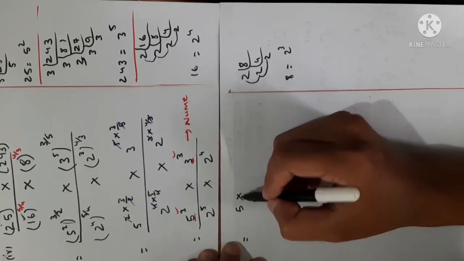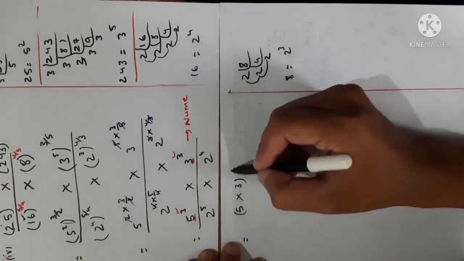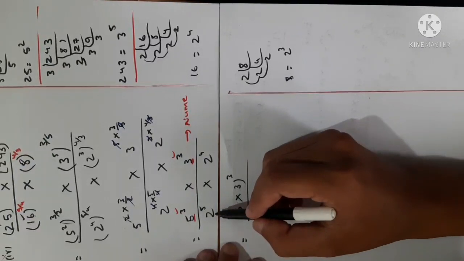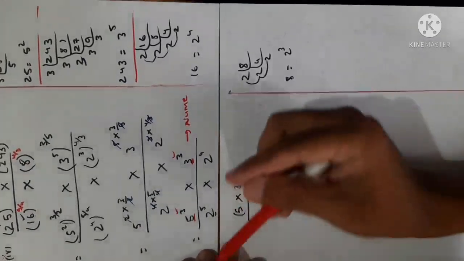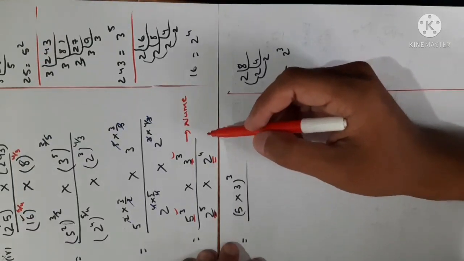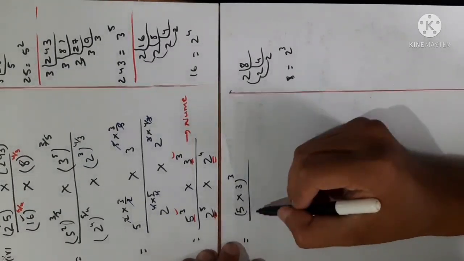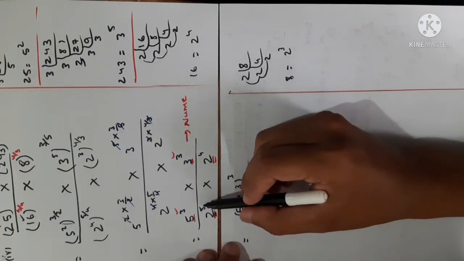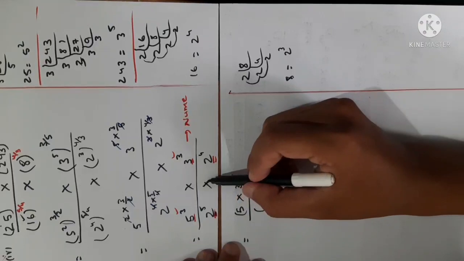We just group the bases together, 5 multiply 3, and write the exponent. In the denominator the base is the same: here the base is 2 and here also the base is 2. So we just write 2 and raise it to the power 5 and 4. This is a multiplication.